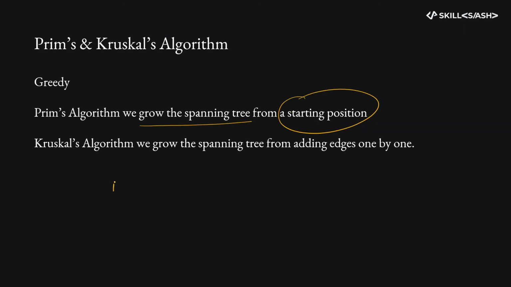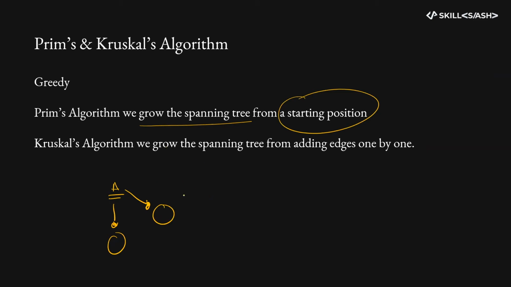Let's say you choose A, then from A you'll go to the next node which has the least weight. Obviously it's an undirected graph, so the direction won't matter, but wherever the least weight is, you'll go, so that you try to cover as many nodes with least weight.